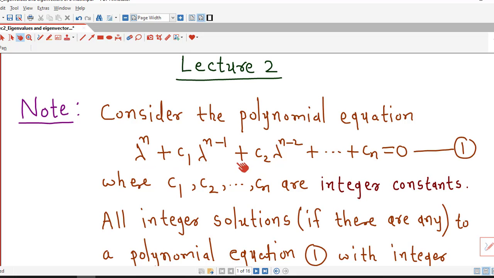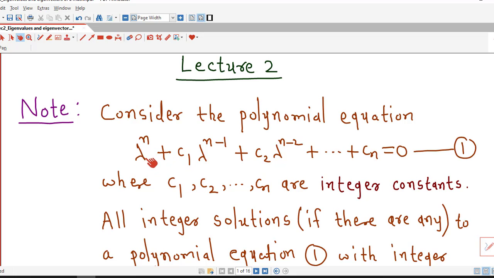Suppose we have a polynomial equation of this type, lambda raised to n plus c1 lambda raised to n minus 1 and so on plus cn equal to 0, where these coefficients c1, c2, cn are constants, but here we restrict them to be integers.